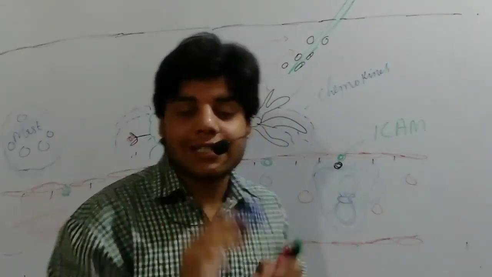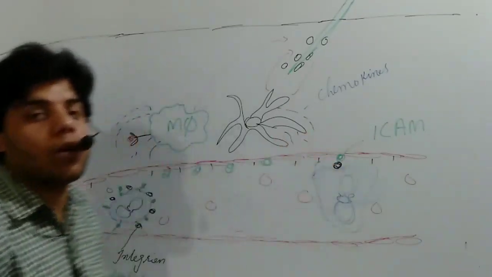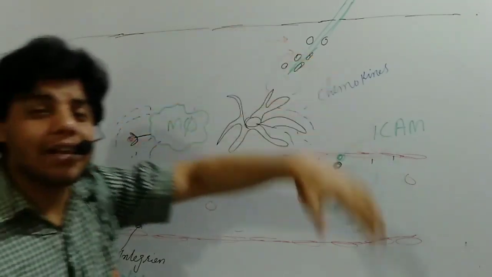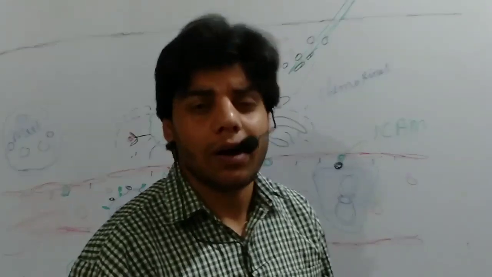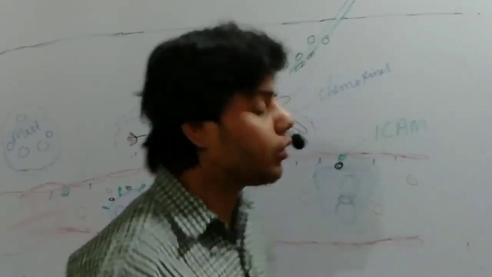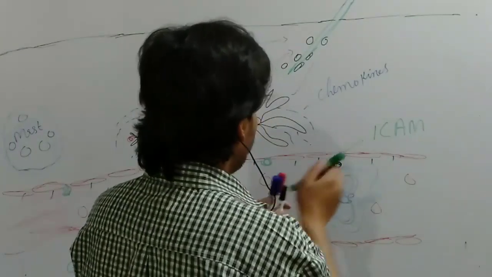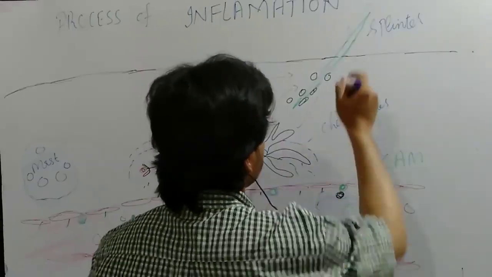Now once the neutrophil attaches, what actually happens? The damaged cells will also produce other chemical signals, molecules made of 9 amino acids, which we usually call bradykinins. So they also secrete another chemical, the bradykinins.